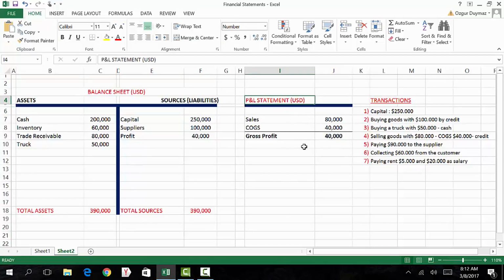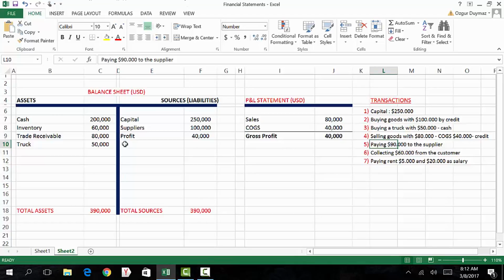Okay. Now number 5. The company pays $90,000 to the supplier. We need to reduce it from cash, and also our debt to suppliers will be $10,000 only.